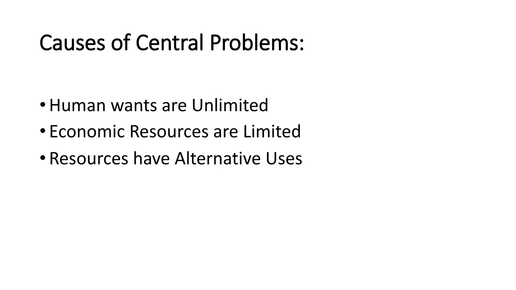And the third cause of the central problems is that resources have alternative uses. The resources are not only scarce in supply, but they also have alternative uses. For example, land can be used to produce wheat or rice or build a hospital or a school. A choice between the alternative uses of land has to be made. This problem of choice leads to economic problems.